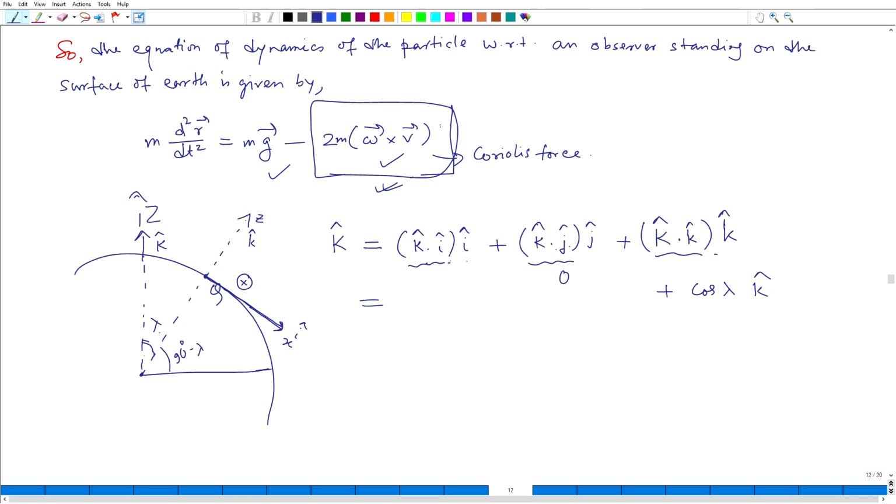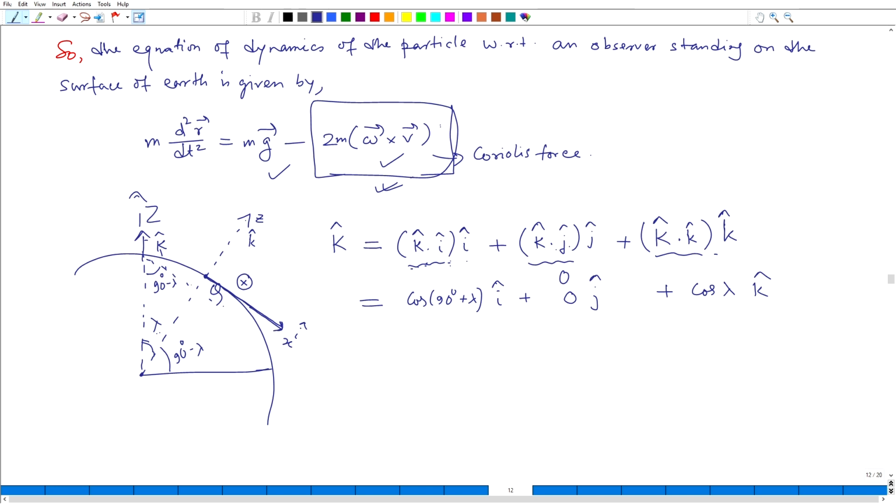With z you should have an angle over here, which should be 180 minus, so if this is lambda, then this will be 90 minus lambda, and that is why this will be 180 minus 90 minus lambda, which will be 90 plus lambda, and that is why when you write this, it will be cos 90 plus lambda times i cap. So, it is 0 j cap.